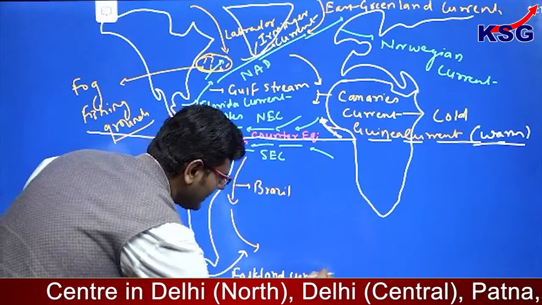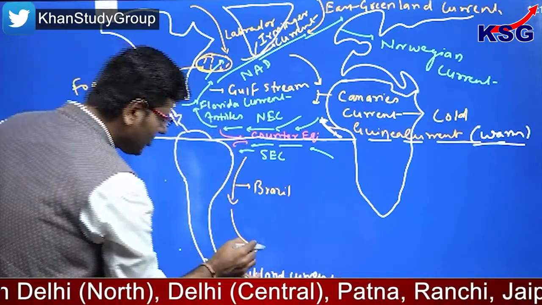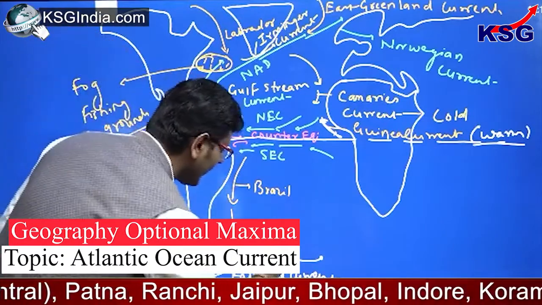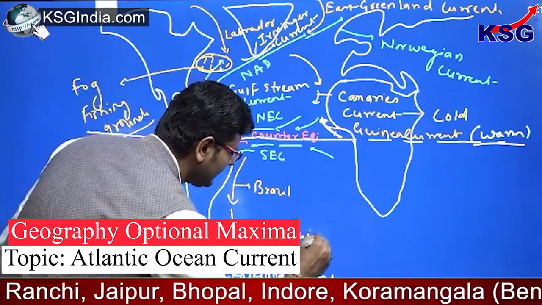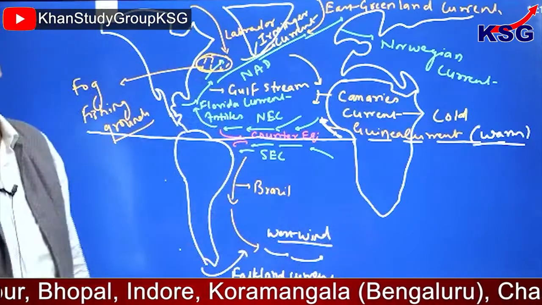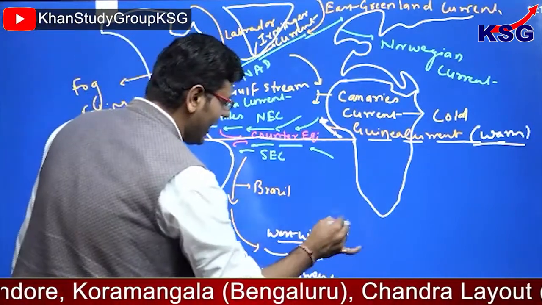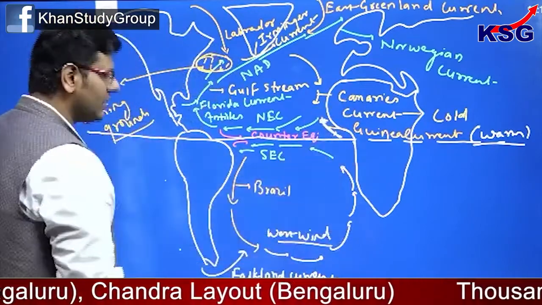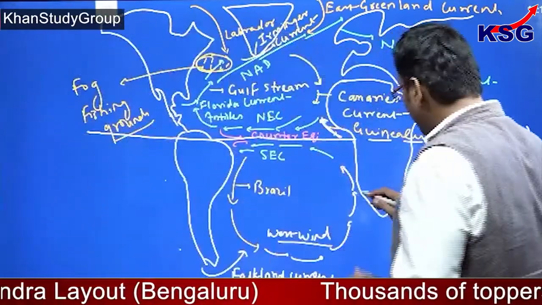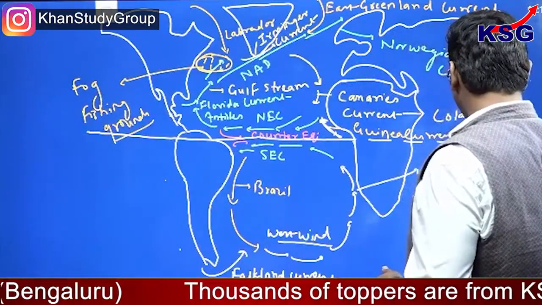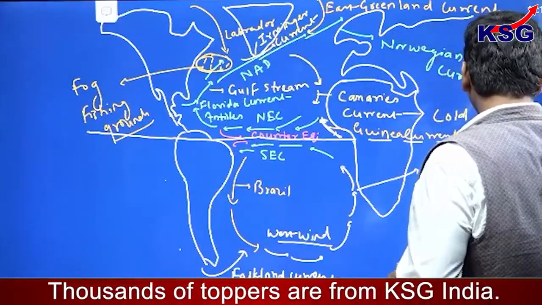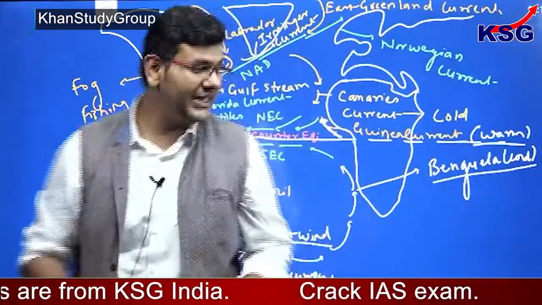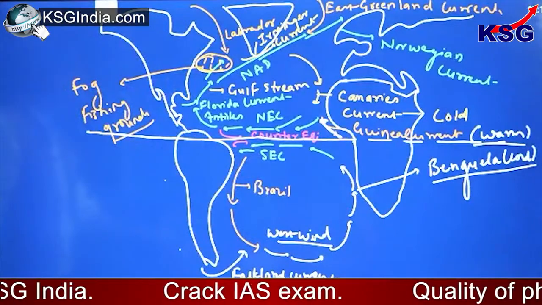This whole current then moves under the influence of the west wind drift and is called the South Atlantic Drift. It makes this whole gyre as it takes a northern turn, and makes a very important current called the Benguela cold current, completing the gyre with the south equatorial current.